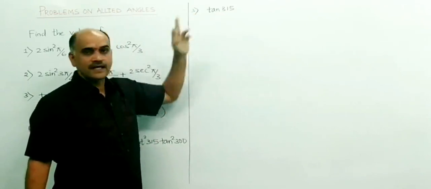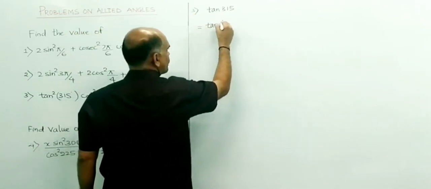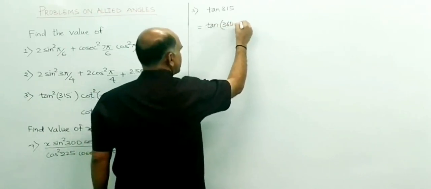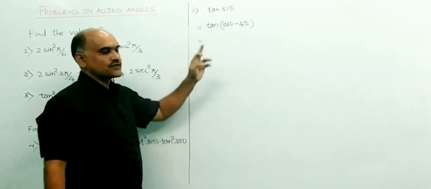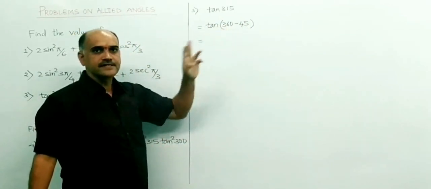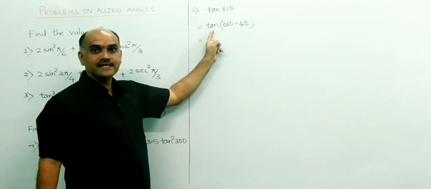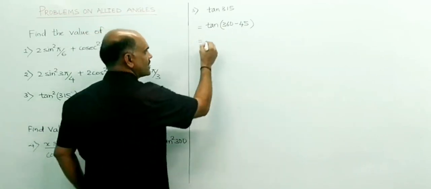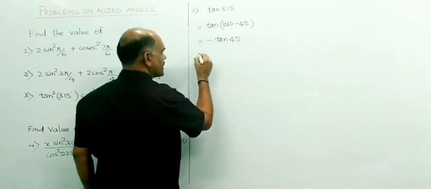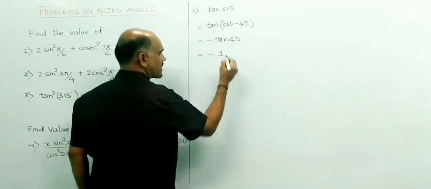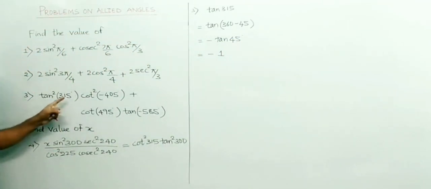So, this can be written as 360 minus 45. 360 minus means it is in the 4th quadrant. In the 4th quadrant, tan is negative. So, you will have minus tan 45. Now, substitute tan 45. Tan 45 is 1. So, I have found the first value.